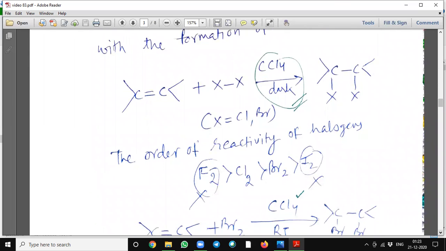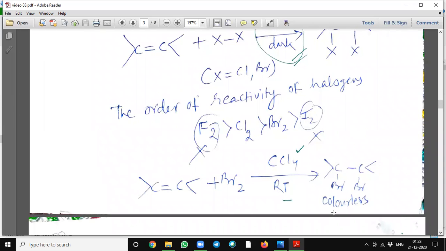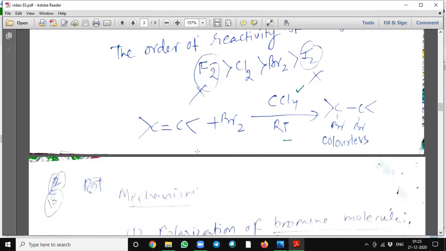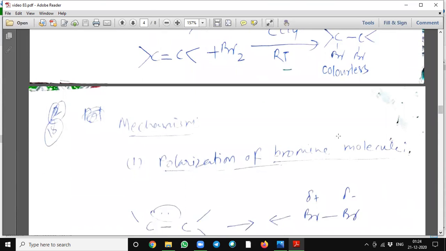The reactivity order of halogens is fluorine more reactive than chlorine, bromine, then iodine. So here, addition of bromine in carbon tetrachloride solvent at room temperature will give a colorless dibromo product.